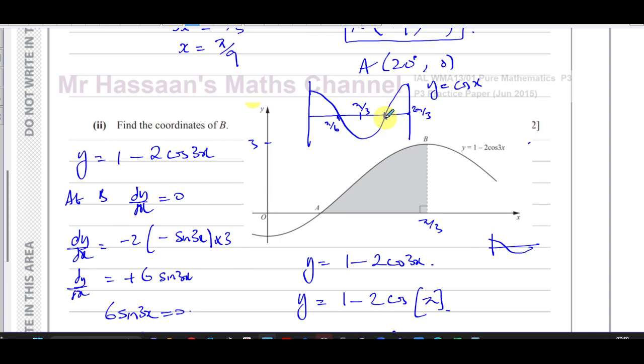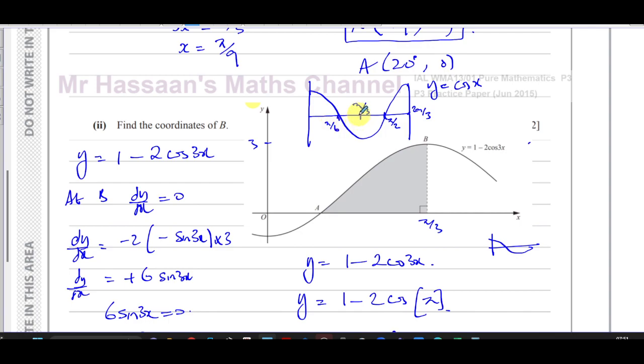Instead of 3 pi over 2, it becomes 3 pi over 6, which is now pi over 2. It's 270 divided by 3, 90. So all of these values that were normally 90 degrees are now 90 divided by 3, which is 30 degrees.